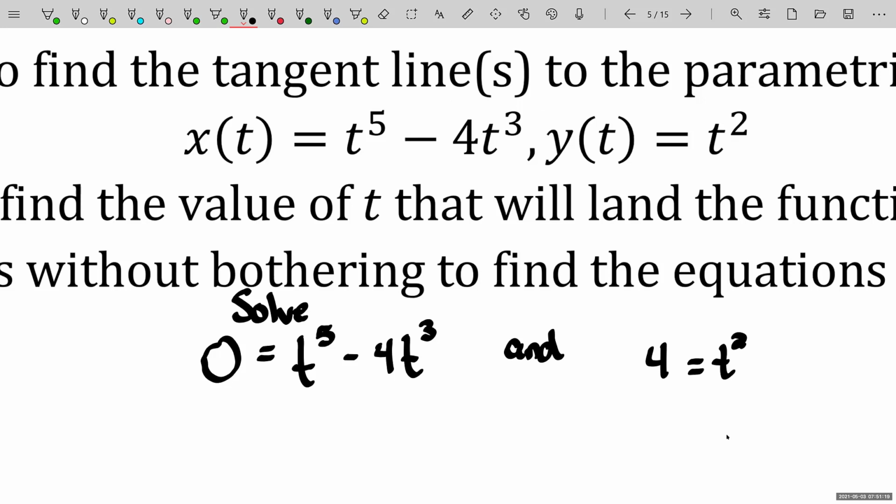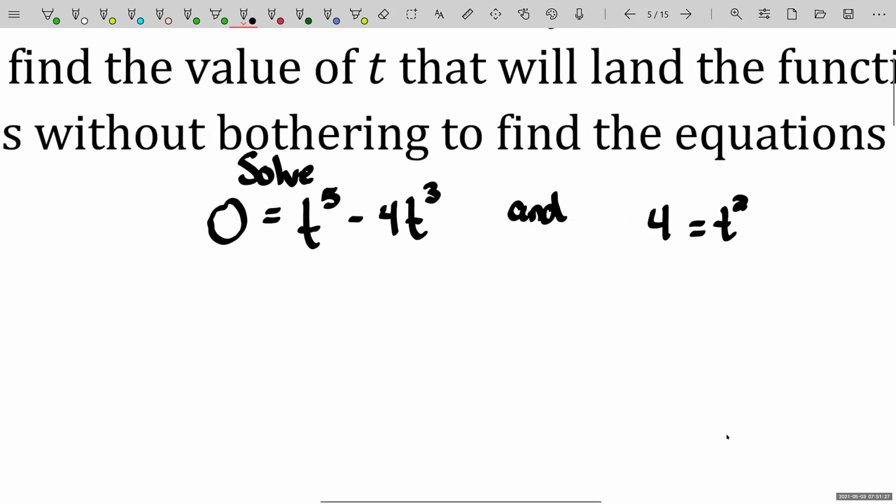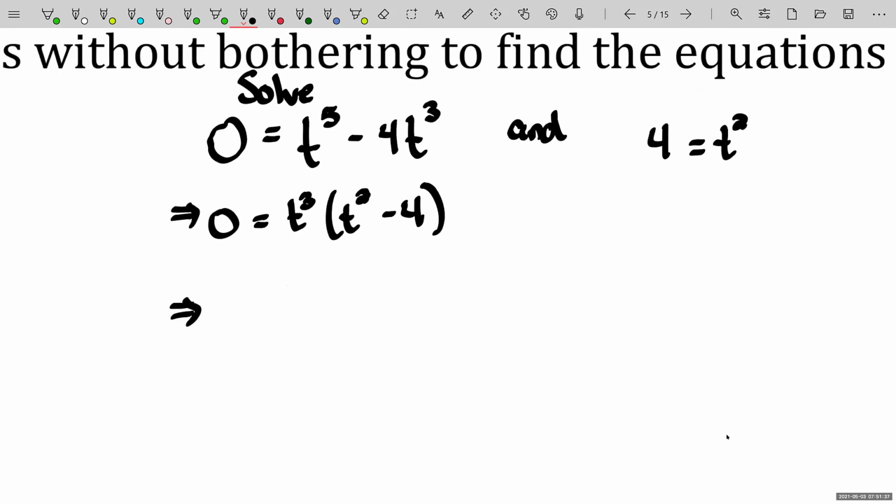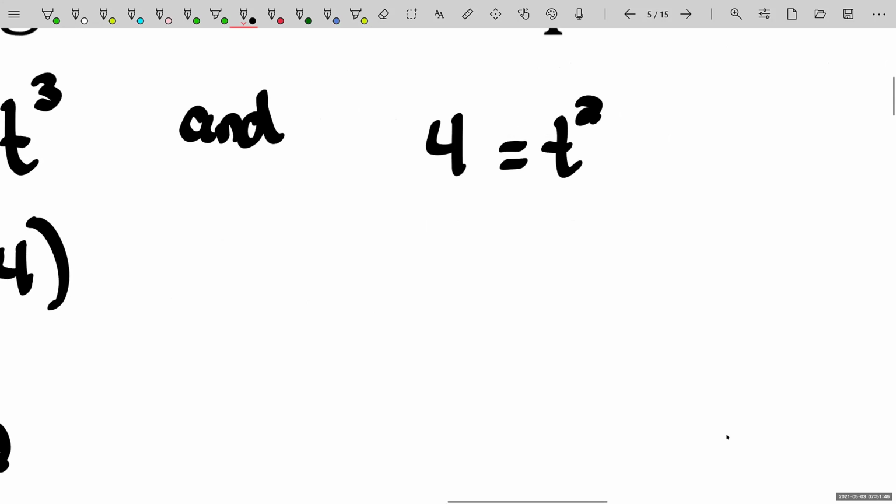That is, both equations have to simultaneously be satisfied. So in the first equation, you get this. 0 is equal to t cubed times t squared minus 4, which tells us the solution to the first equation is either t equals 0 or t equals plus or minus 2. The second equation, that tells us t is equal to plus or minus 2.